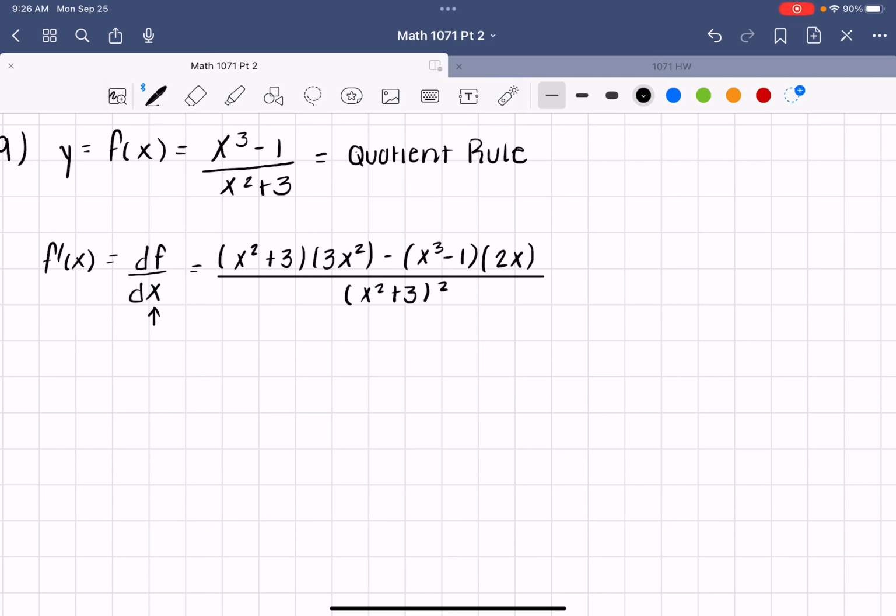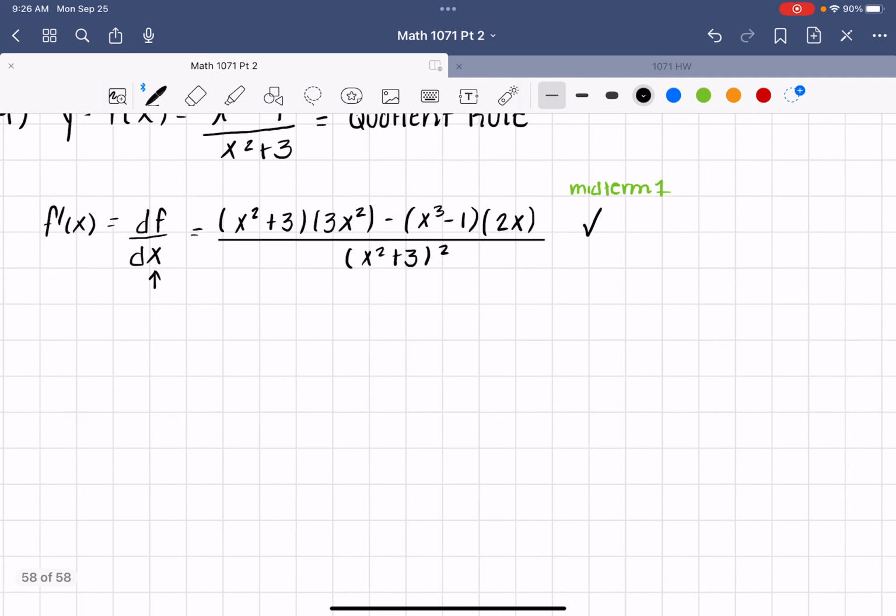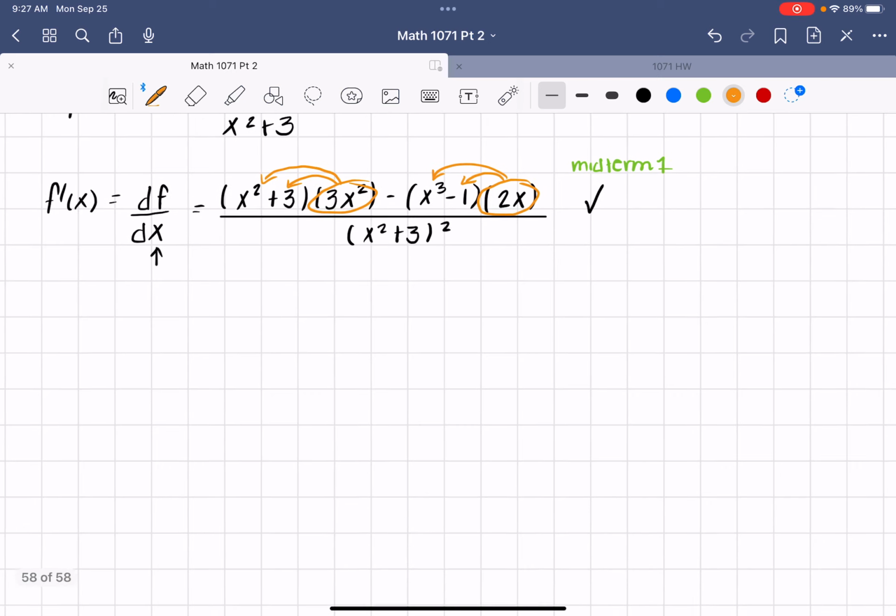And as I say, for midterm 1, leave it that way. But you have to be able to simplify, and you see what I'm going to do? I'm going to distribute that factor over these terms, and distribute this factor over these terms. So there's a 3x to the 4th, add powers, plus 9x squared, minus, here distribute, 2x to the 4th, minus 2x.